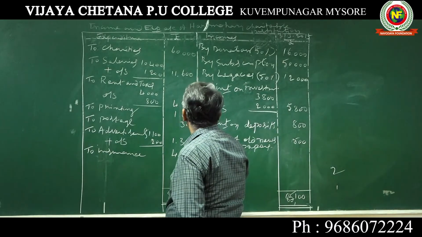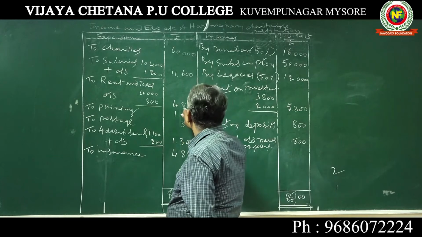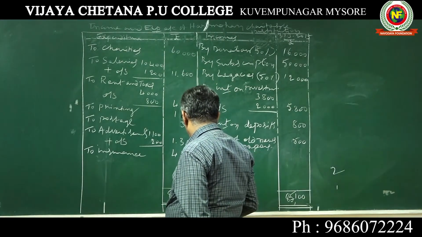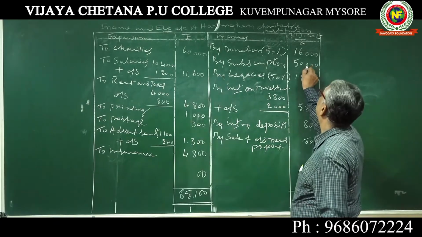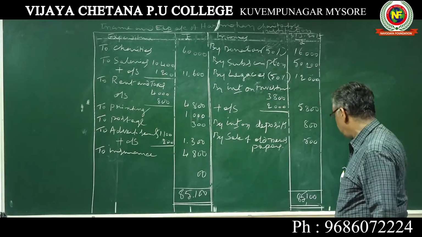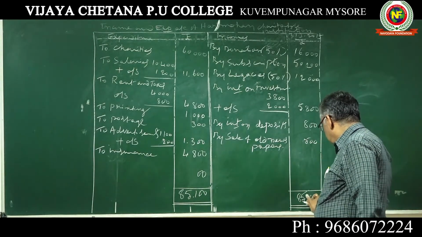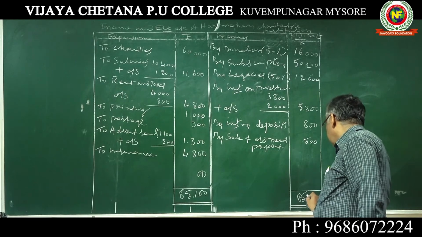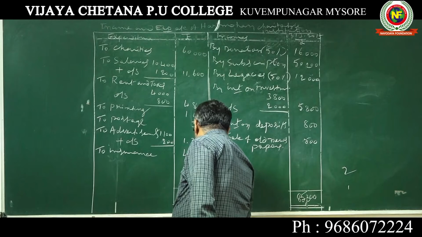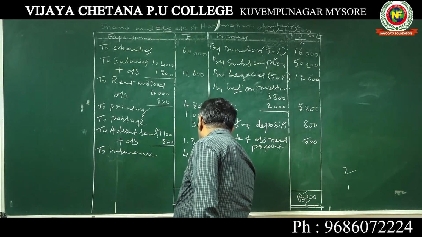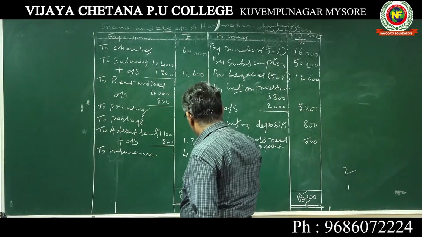That is 50,200. Then it comes to 85,300. Here also you put this 85,300. Now you find out the difference between these two.